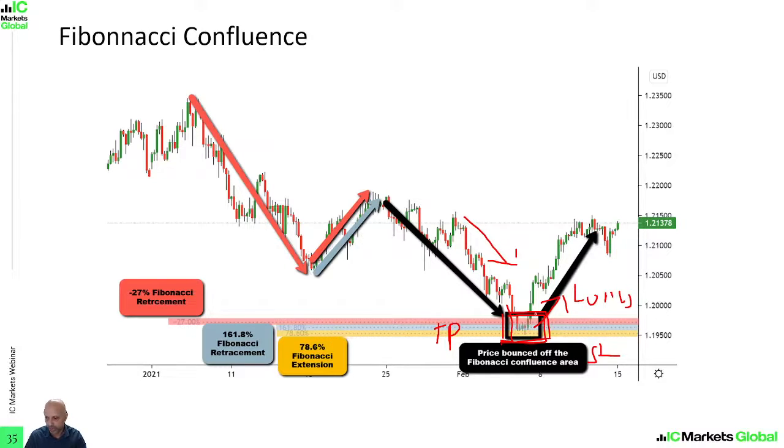So we have an opportunity to identify a potential take profit zone for the short sell idea, and as price finds support within the confluence area and bounces off, we have also identified a potential long entry, with a suitable stop loss just underneath the extension level.